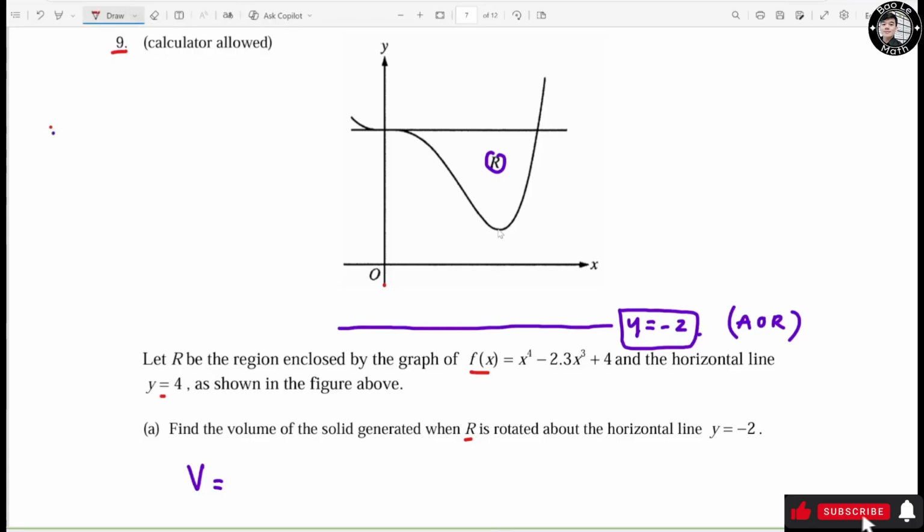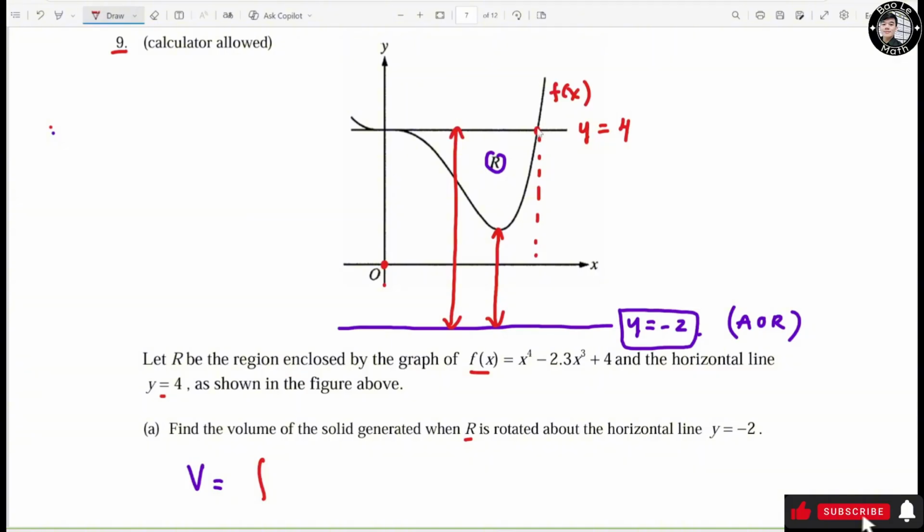So the inner radius is right here, and the outer radius is right here. The inner radius changes depending on the function f of s, and the outer radius remains unchanged. This one's y equals 4. So the volume is the integral from 0 to this point right here.